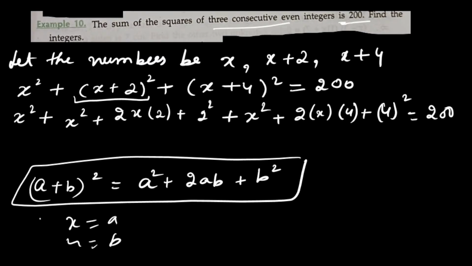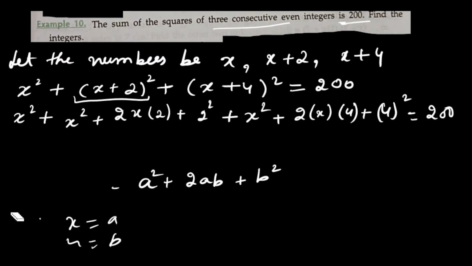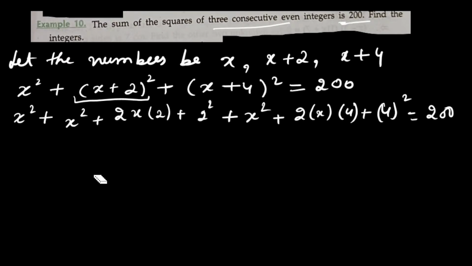Nothing else I have done, I have just applied the formula of a plus b whole square, which is a square plus b square plus 2ab. Only the way of writing is a square plus 2ab plus b square. You can write it this way also.